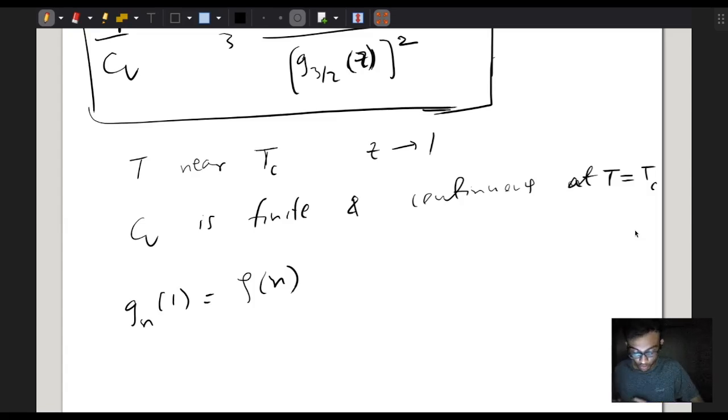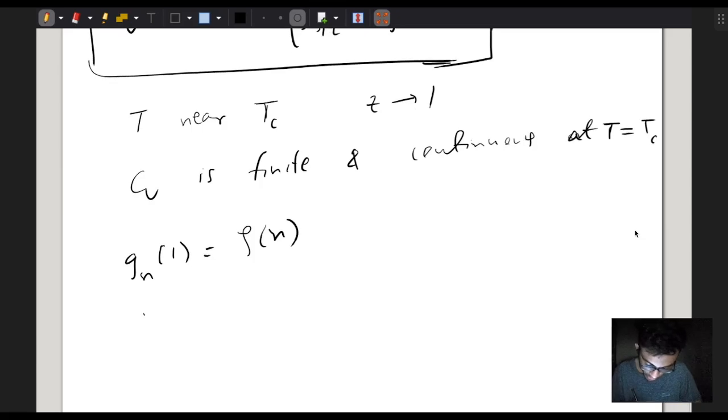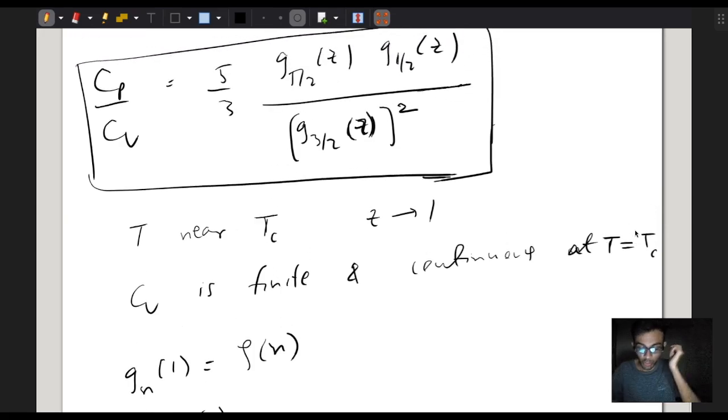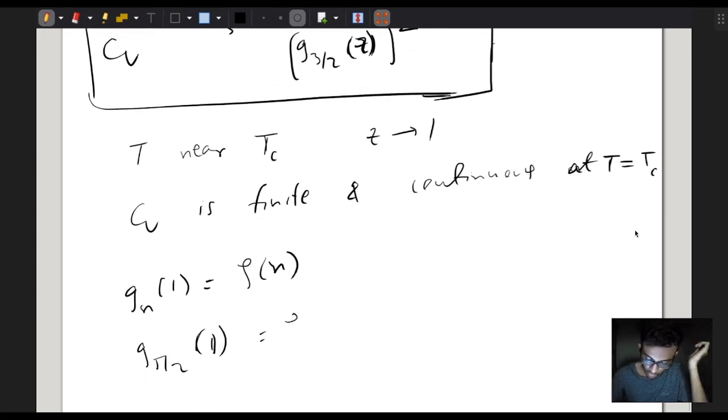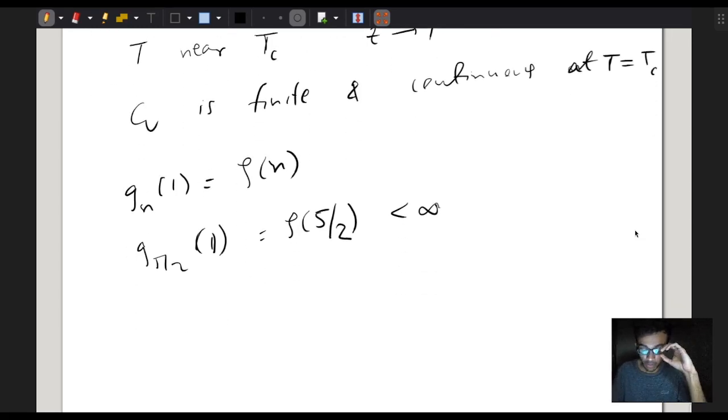So as you take z to 1 in g5 by 2, this is a finite number, some positive real number.